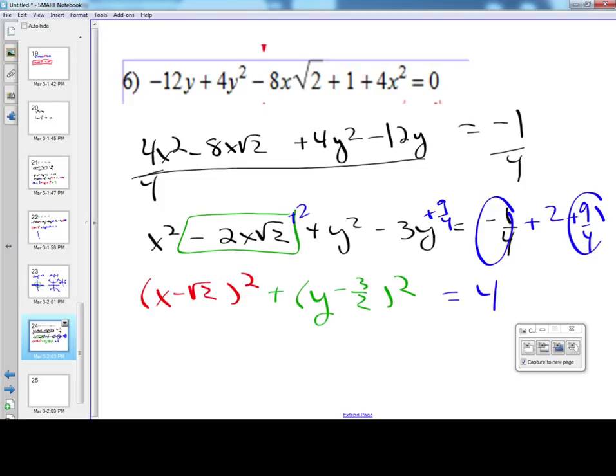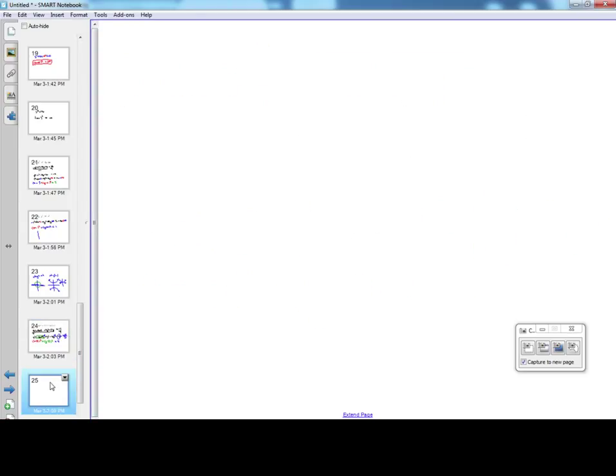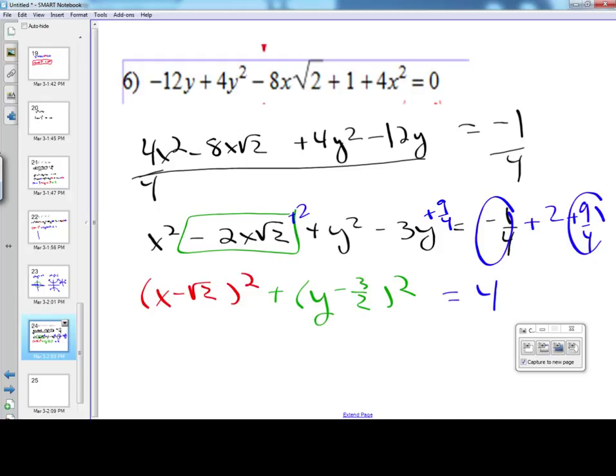Can I move the slide now? In a minute. Can you wait? Are you recording this? No, I'm not. The computer is. We can't see what I'm doing.